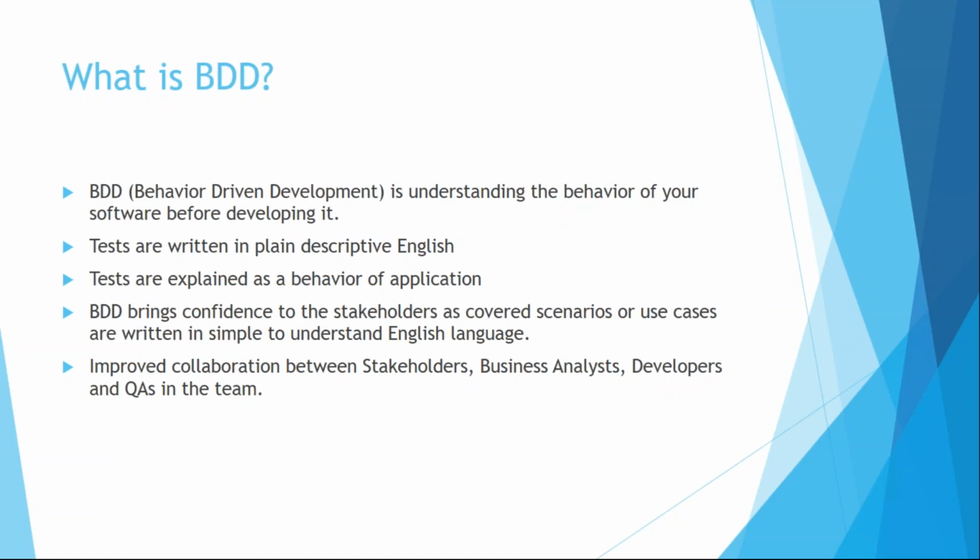I'll simply write in plain English that I navigate to the Guru 99 bank home page. Then I log in with correct manager credentials. Then I navigate to the add customer section. I enter the following details of the customer. I'll list down all the details, and at the end I'll simply say verify the user was added successfully. In plain English, I'll write test cases.